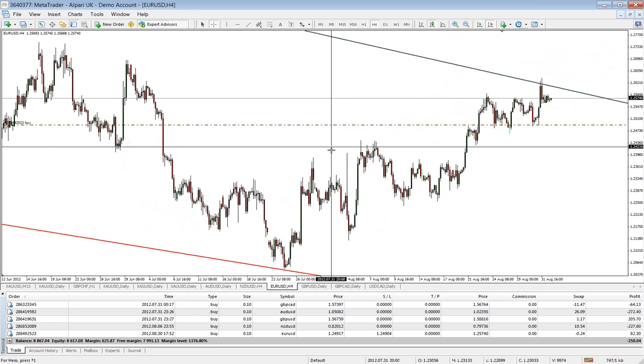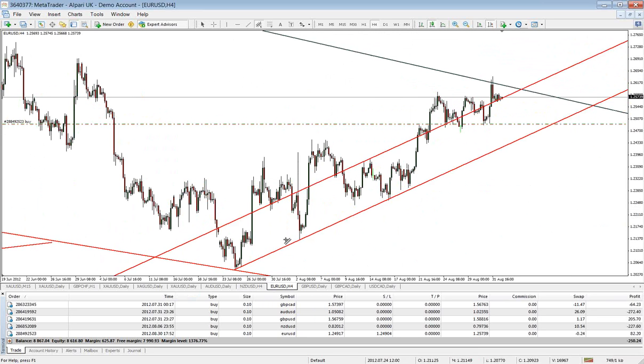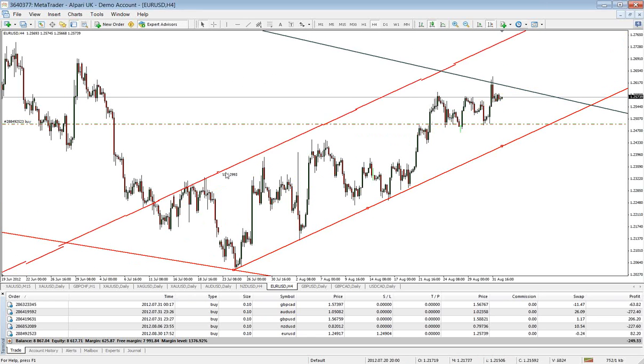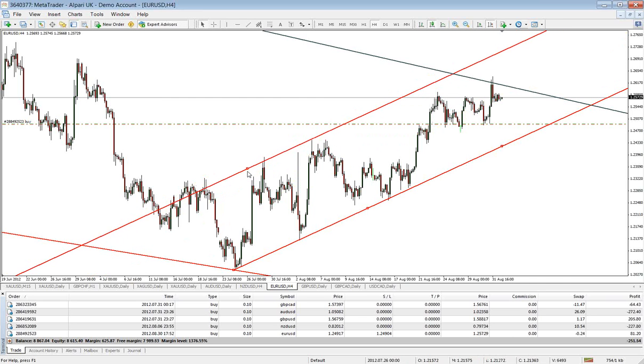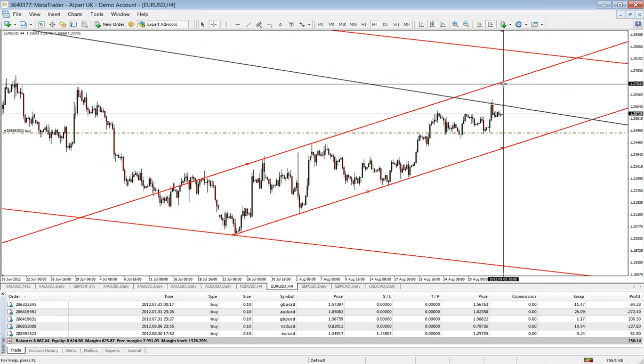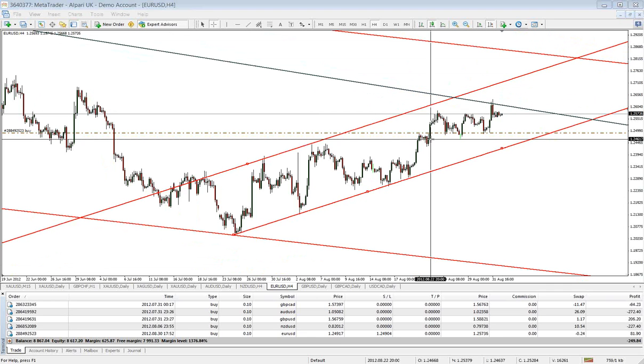Okay, let's look at the forward time frame. Simple channel, guys, here. Simple channel, and the first target will be around this area when we touch the channel.